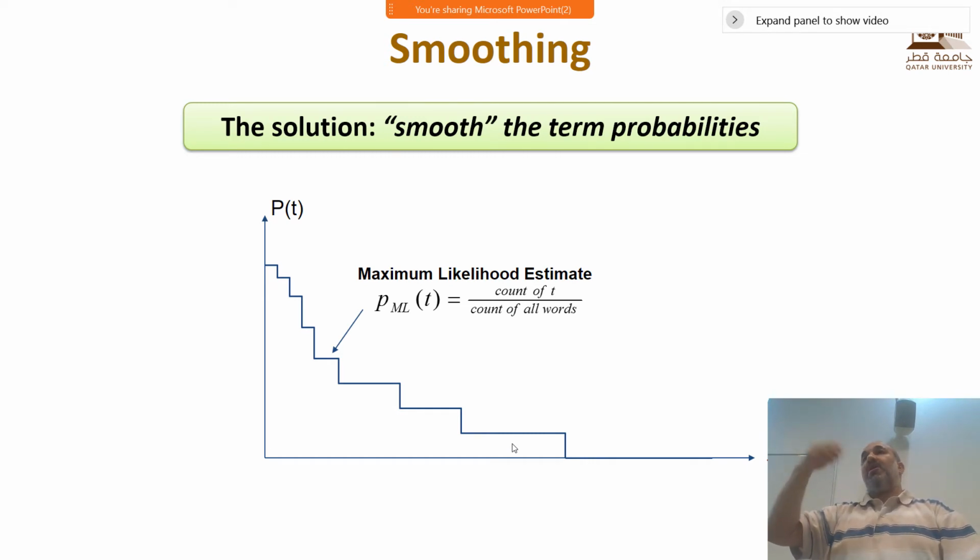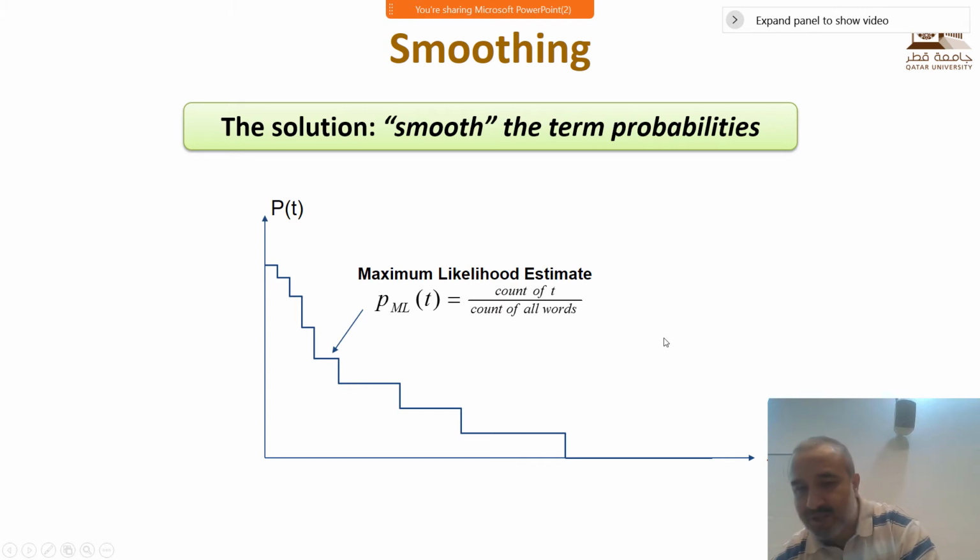We call them unseen, or unobserved. If we just use the maximum likelihood estimates, we'll get 0, right? If the x-axis now is the terms, and the y-axis is the maximum likelihood estimate for that term, the words that are unseen all have 0 score.